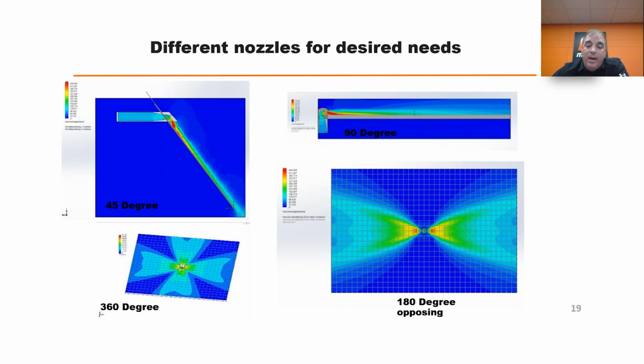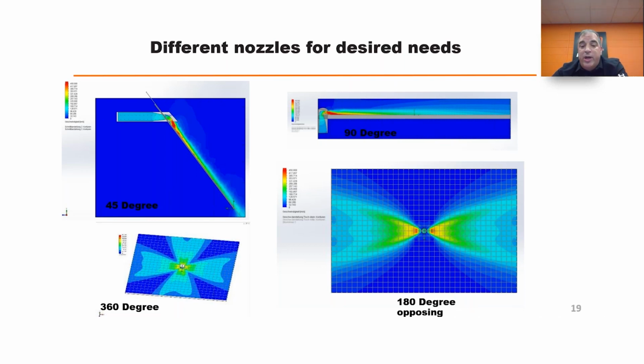Now, you aren't going to be able to change a nozzle on the fly here, but if you send someone out to look at your system, you do need to determine what type you're using, whether you are using a fan style nozzle or just pipes.